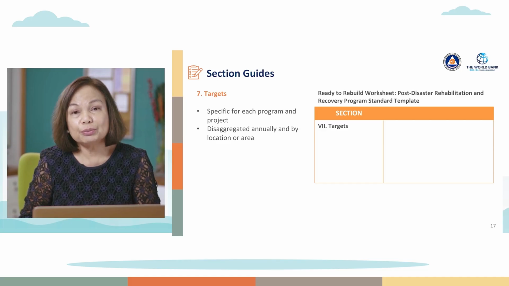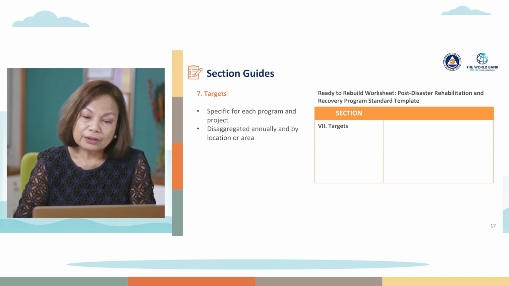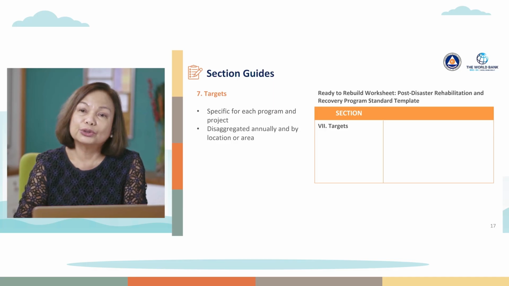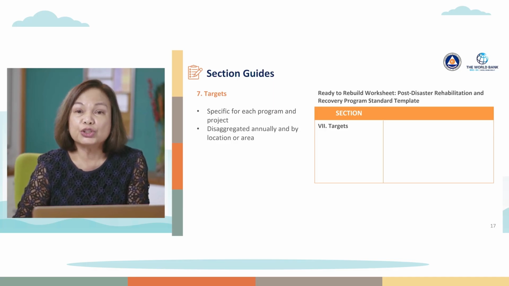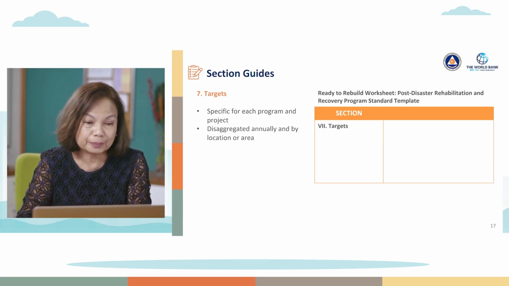And they should also be disaggregated annually and by location or area. These requirements will make it easier for us to be able to monitor to see if we are on track in the implementation of the recovery program.